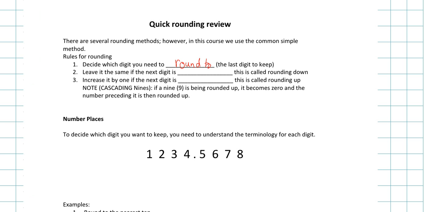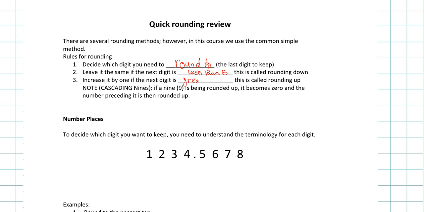You're going to leave that digit the same if the next digit is less than 5. Increase the digit by 1 if the next digit is greater than 5. Okay?